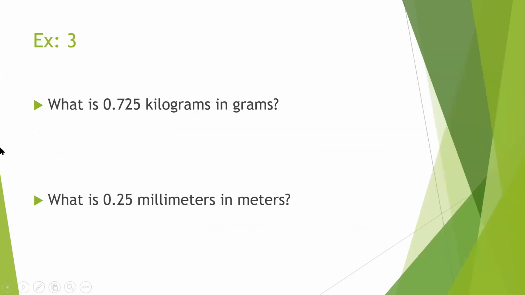So can everyone do the first problem on this page and type your answer in the chat. What is 0.725 kilograms in grams? Okay, that's good. We have to remember 1 kilogram is 1,000 grams.